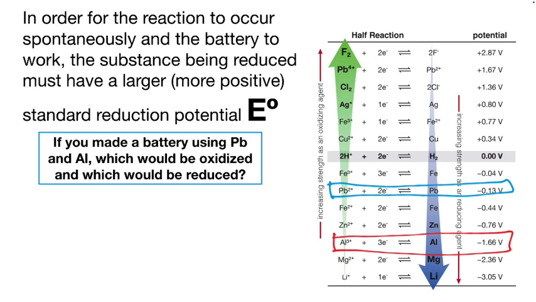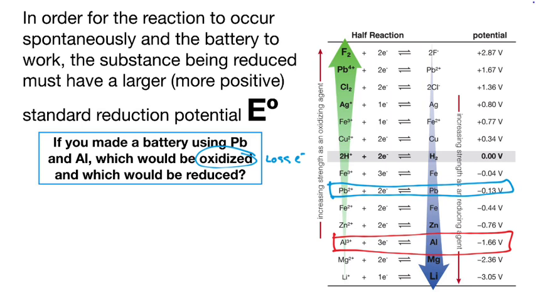So which one should be oxidized and which one should be reduced? Go ahead. Aluminum oxidized. What does oxidized mean? So when we're saying the aluminum should be oxidized, if we take a look at our cell potentials, those are reduction cell potentials, which means we need to flip that equation.